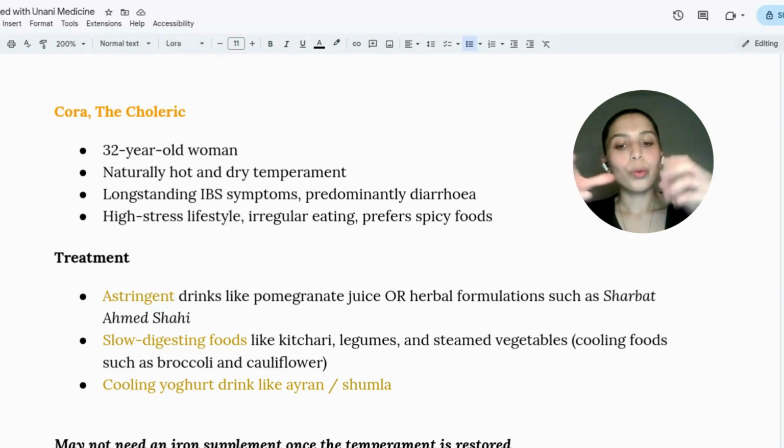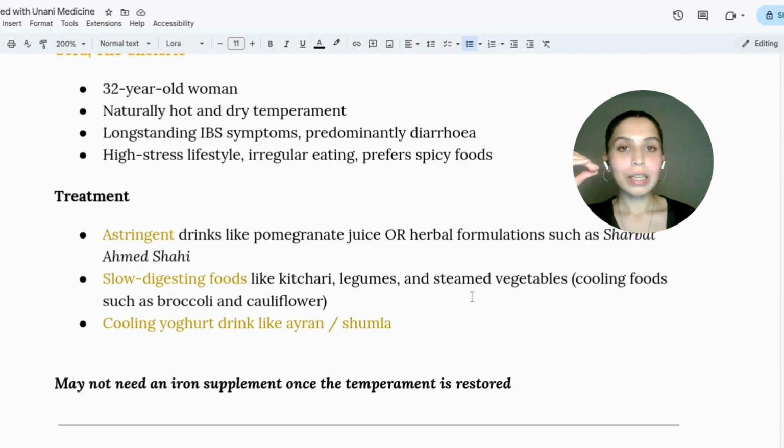And this would help balance her digestive issues. Once her internal system becomes cooler and her digestion then becomes stronger, she might not need any iron supplements because the iron levels in her body would restore by themselves.